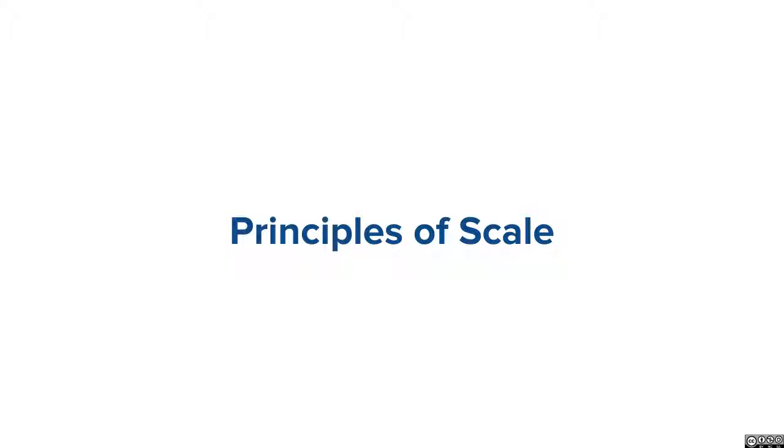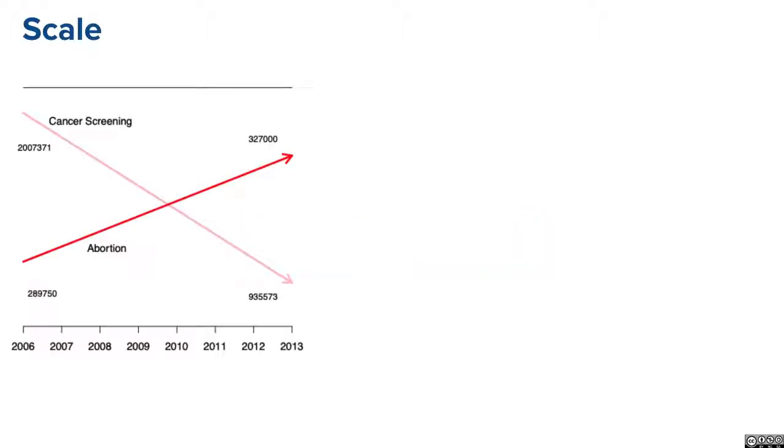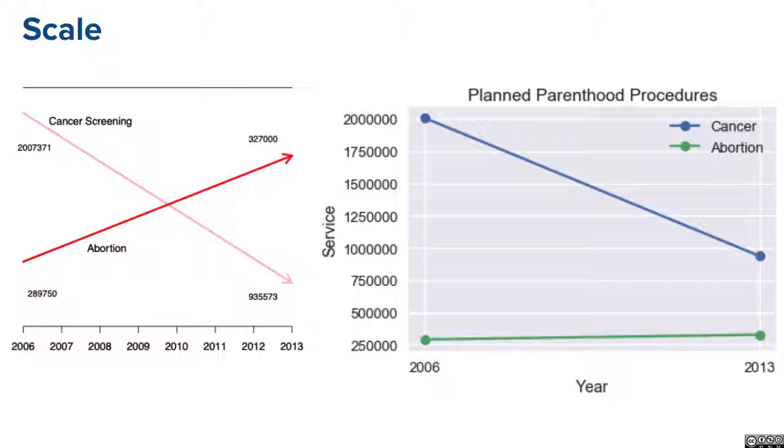The first one I want to talk to you about is the principle of scale. The principle of scale essentially says, make sure that the scales of your plot are consistent and useful for understanding.